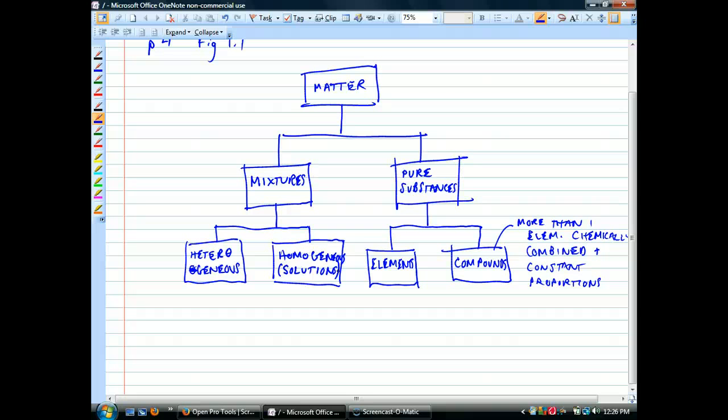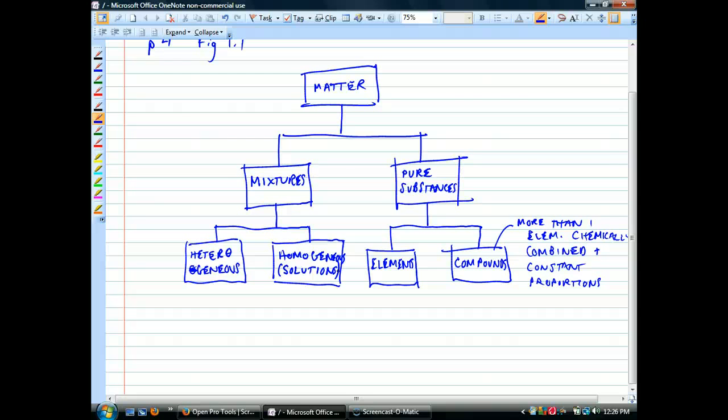So let me give you an example. This is a heterogeneous mixture. It's a piece of granitic gneiss. It's a fairly common rock in the eastern part of this state. And if I look, I can see some dark colored minerals, some light colored minerals. I can see some quartz in there, maybe some what looks to be mica. The fact that I can see the different constituents of this as they are mixed together means that it is heterogeneous.